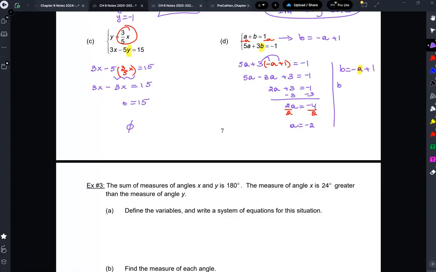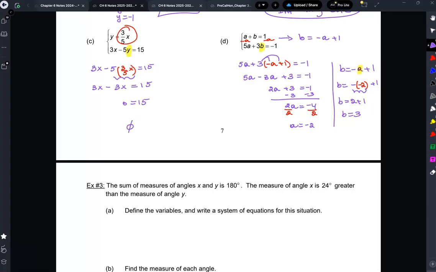So it's going to be b equals negative. What's a? Not 2. Negative 2. And look, I put that in parentheses. Plus 1. So now b equals, how much is this going to be? 2 plus 1 and then 3. That's a negative because it's a negative.